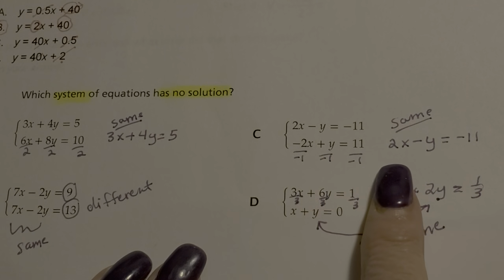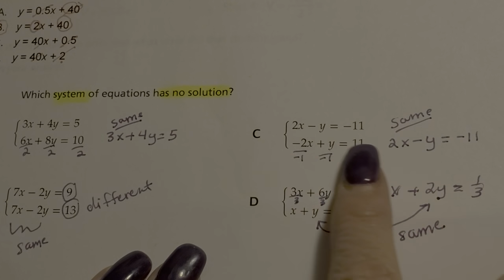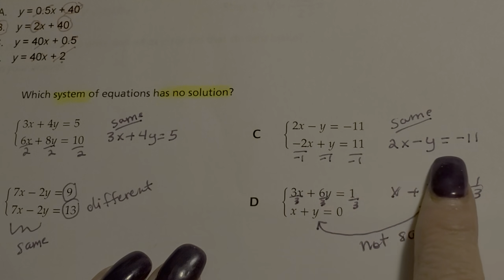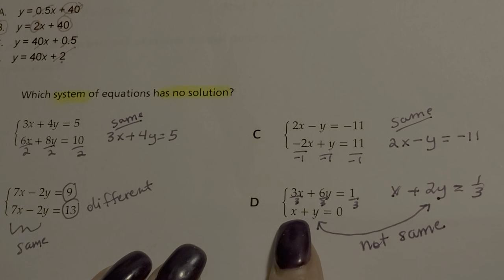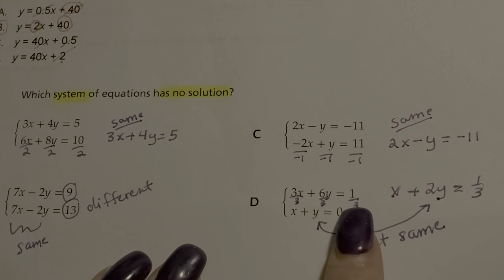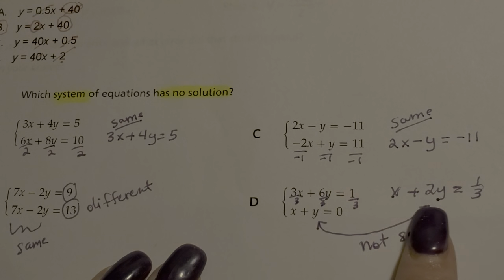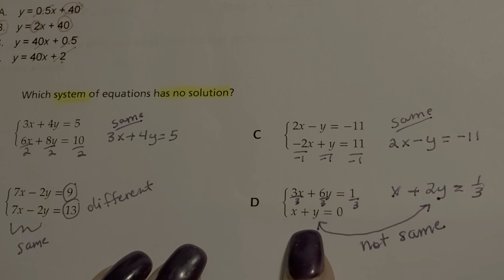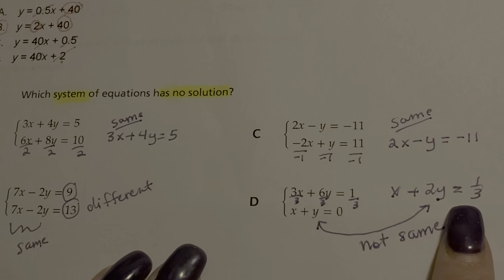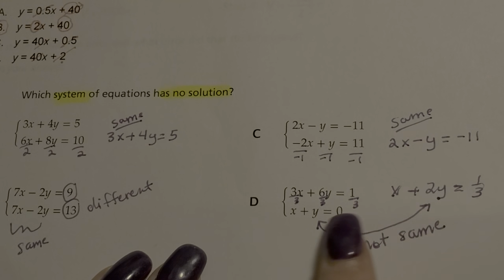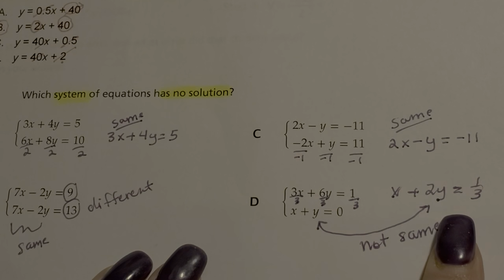Here, when I divide by -1, I end up with the same equation, 2x minus y equals -11. And here, if I divide by 3, I get x plus 2y, which is not the same, is equal to 1/3. So these equations are not identical at all.